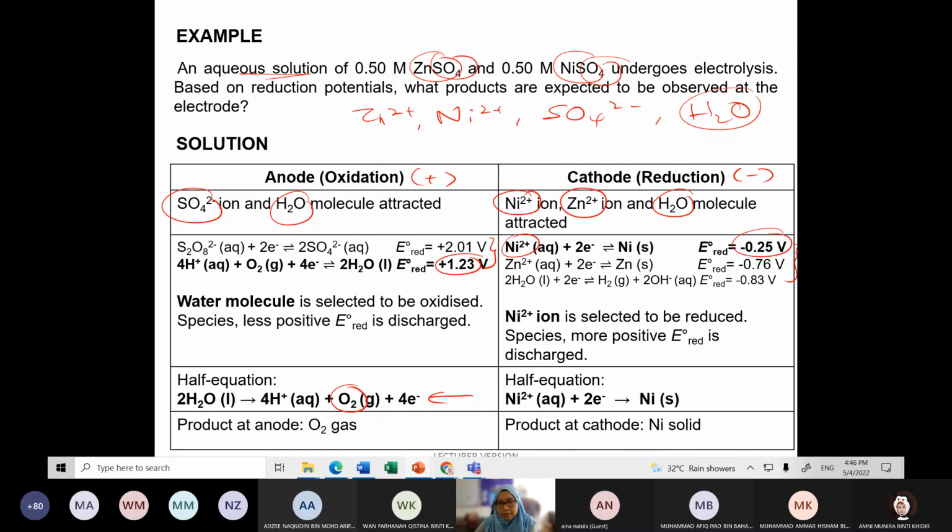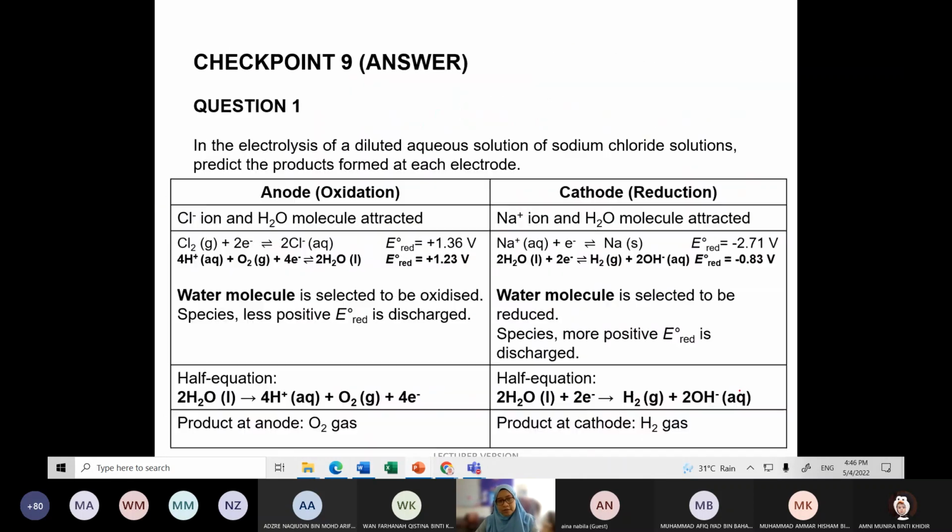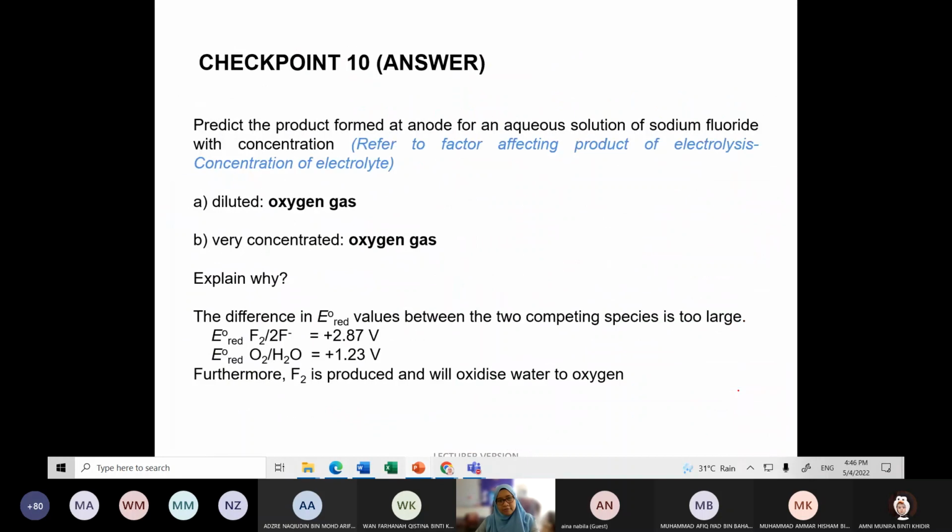So the nickel 2+ ion is selected to be reduced because of its more positive reduction potential. This is the reduction equation. As you can see, it produces nickel solid, or nickel atom. So you can observe that nickel solid is deposited at the cathode. That's checkpoint 10.